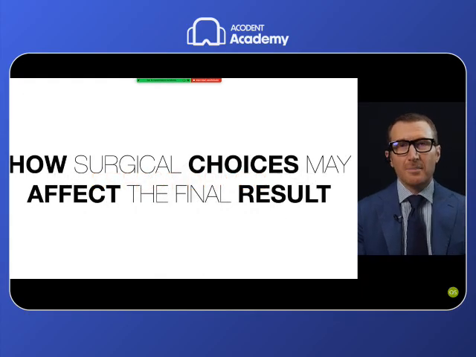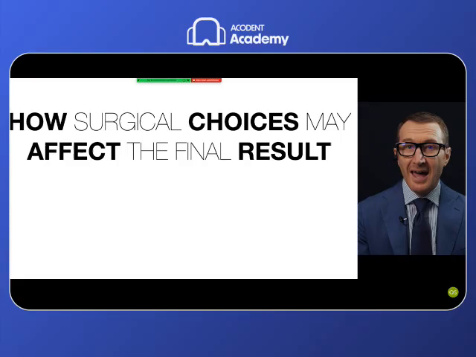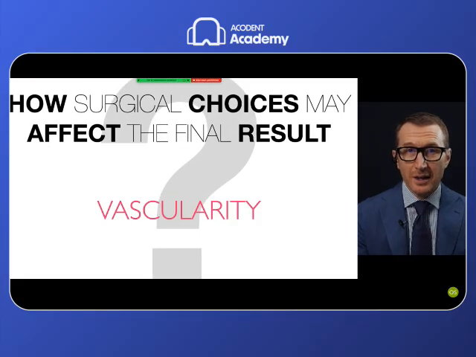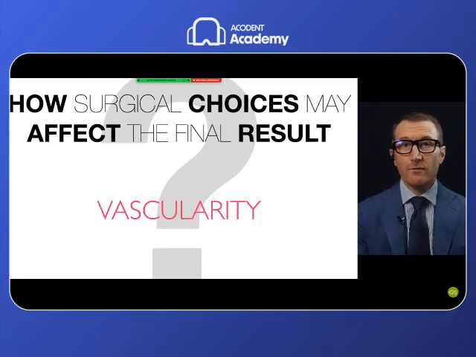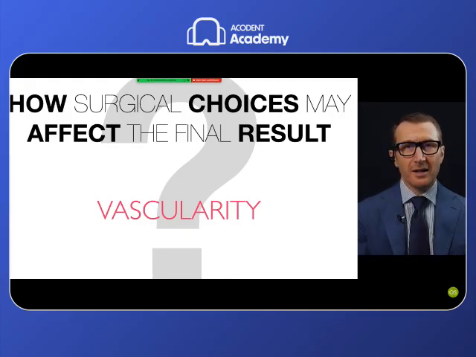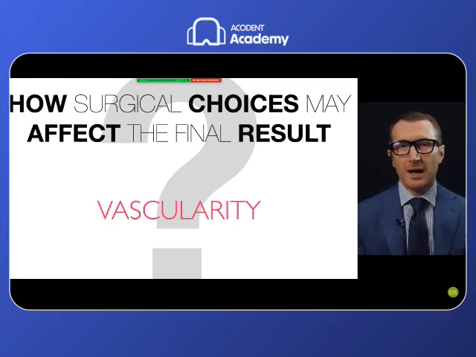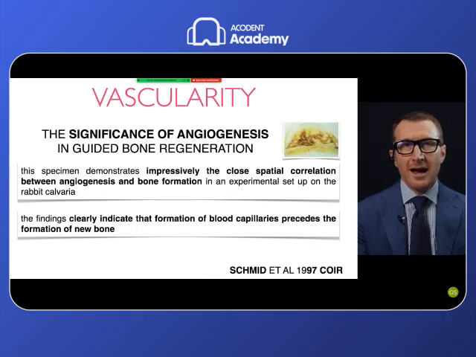But we have to understand that the choices we take during the surgery can affect the final result. And this can happen through different aspects: it can happen through vascularity, for example, through the inductive factors, and also through the mechanical stability of the environment. But now we are focusing on vascularity.